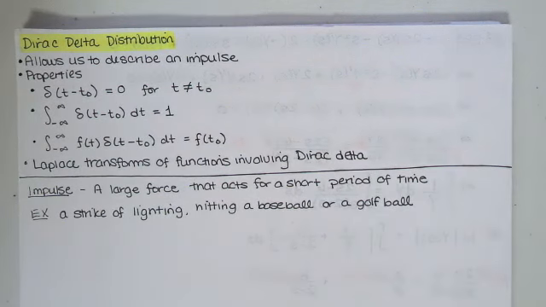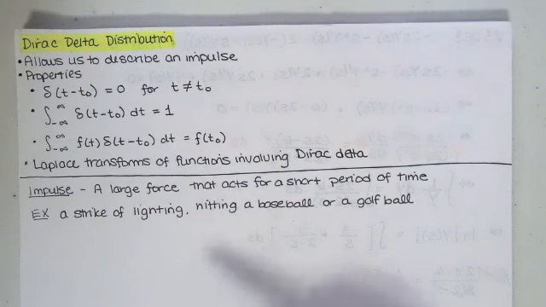Whenever you're hitting a baseball or hitting a golf ball, what you see is that you have no force acting on that baseball or golf ball, and then suddenly you have a lot of force acting for a very short period of time, and then there's no force acting on it again after that ball hits the club or hits the baseball bat. All of these are examples of impulses.